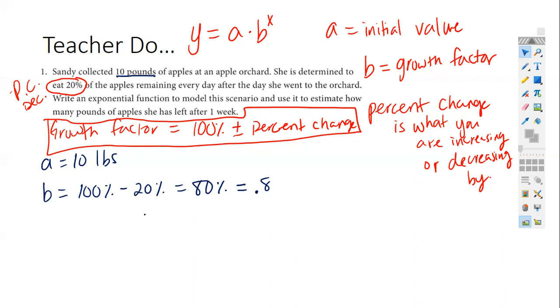Okay, so if we were to make a table, we would have this as our weeks, and this would have our number of apples, right? At week 0, we have 10 pounds. How would I find out what we have at week 1?